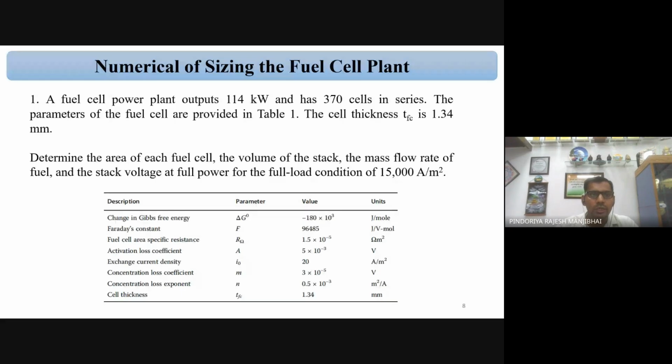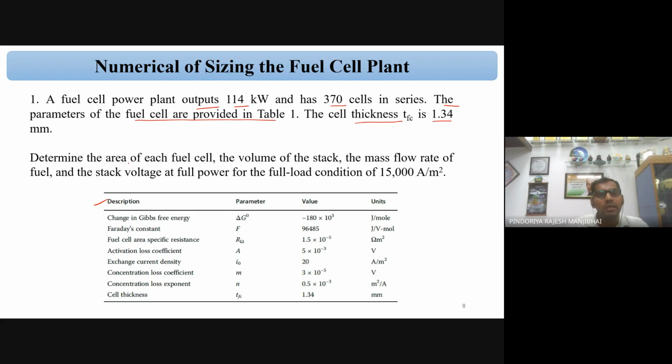So first numerical: the fuel cell power plant output is 114 kilowatt and has 370 cells in series. The parameters of the fuel cell are provided in table 1. The cell thickness, that is TFC, is 1.34 mm. So these are the parameters.